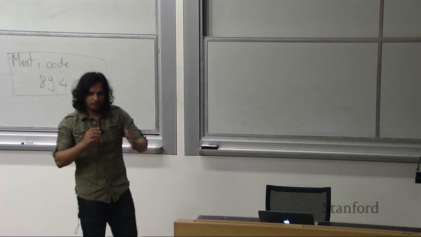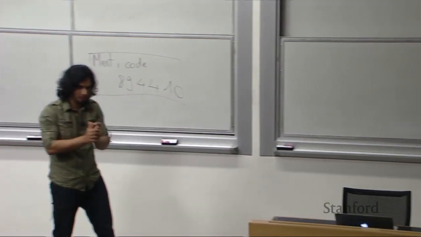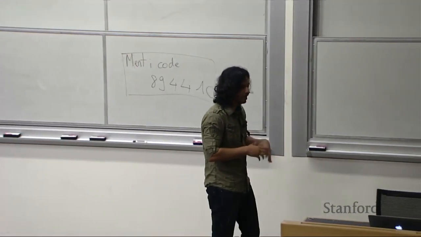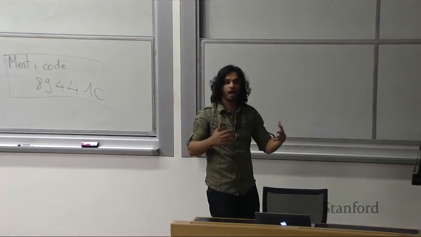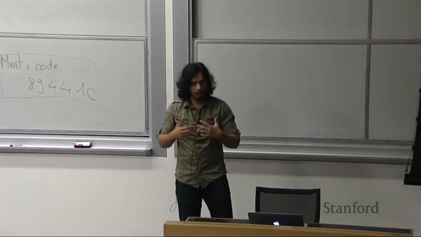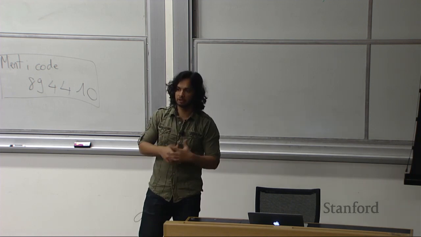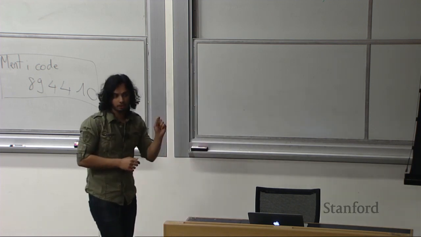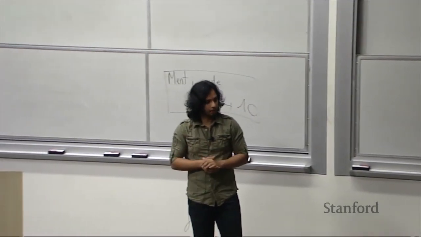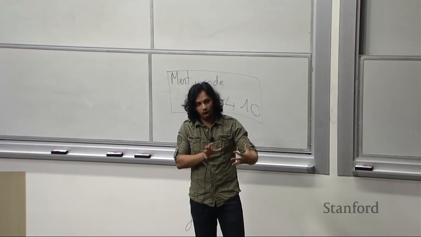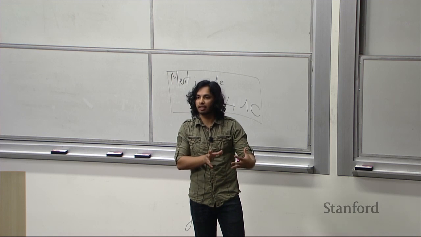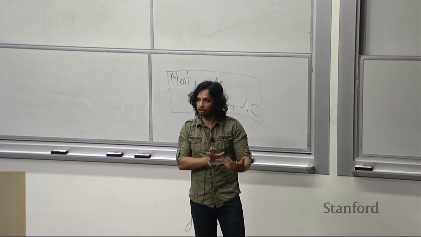Sure. Okay, so let me try to boil those sets of questions down. So one is patients are coming in, we're not getting access to their clinical histories, so how are we able to make this determination at all? So one thing is that when we're training the algorithm, we're training it on pathologies extracted from radiology reports.